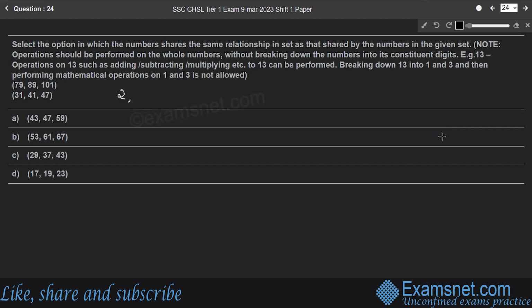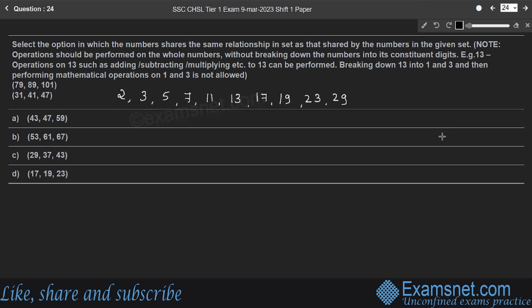Next comes 3. 5 is a prime number. Next comes 7, 11, 13. Next comes 17, 19, then 23. Next comes 29.